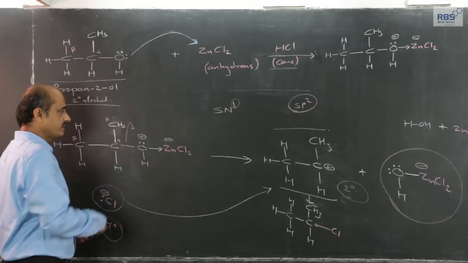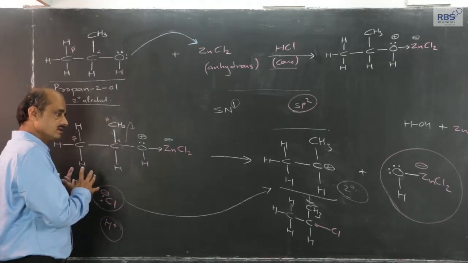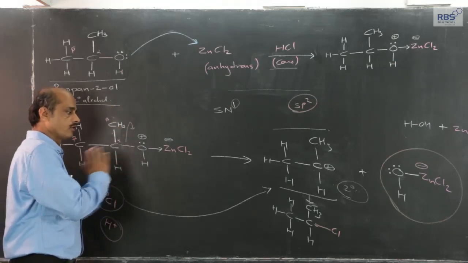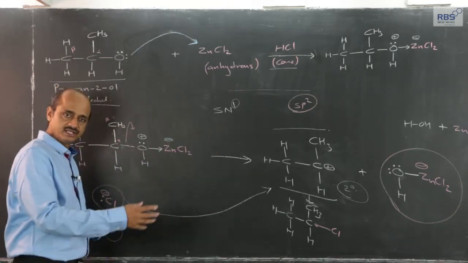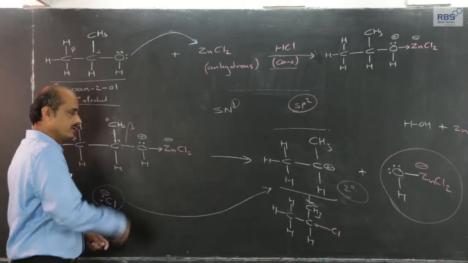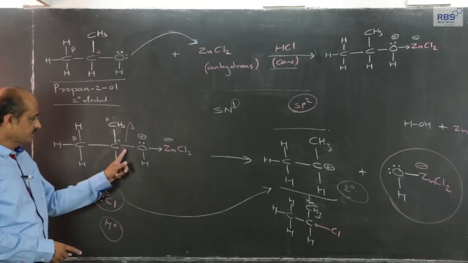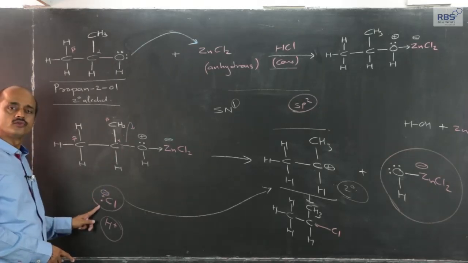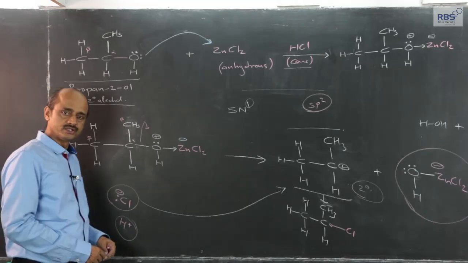In SN2 type reactions, the attack of the nucleophile, bond formation and bond breaking are simultaneous, in one step, and in SN1, first there is breaking and then attack of the new nucleophile. That difference should be noted.